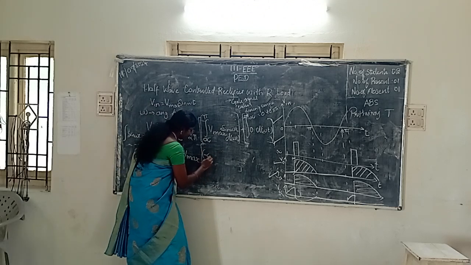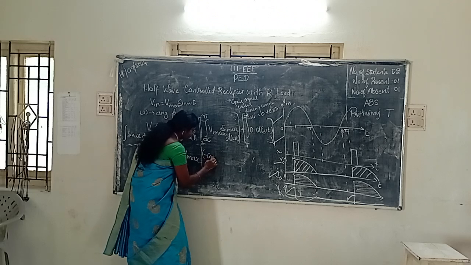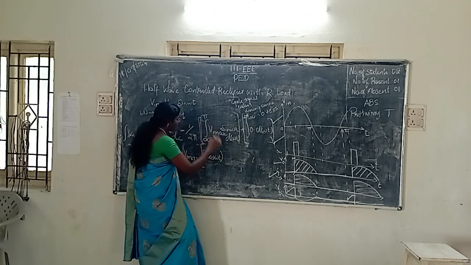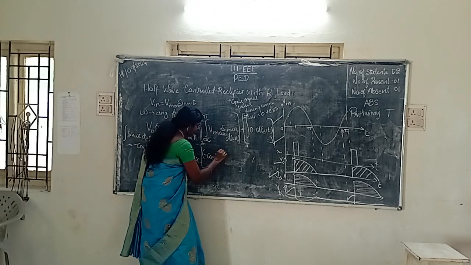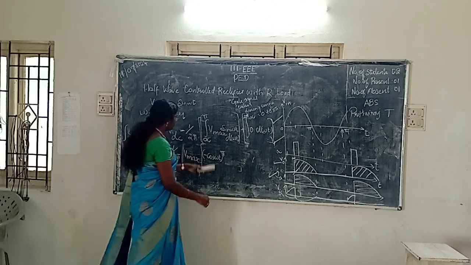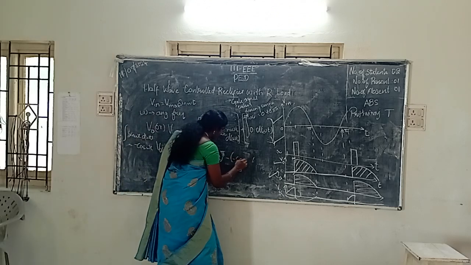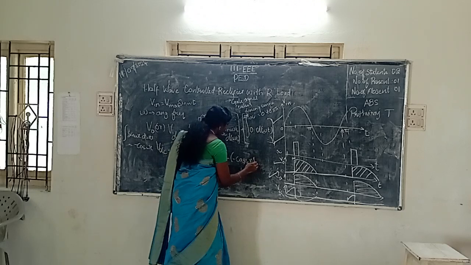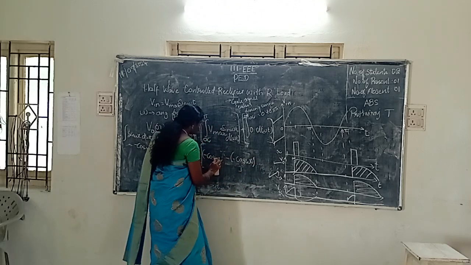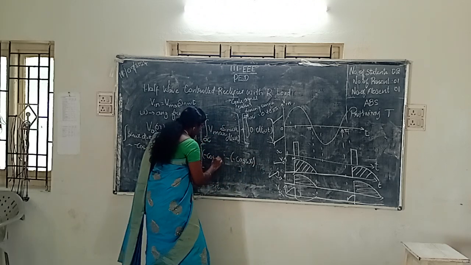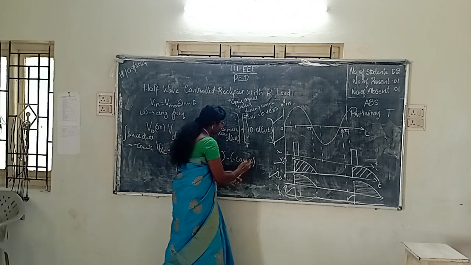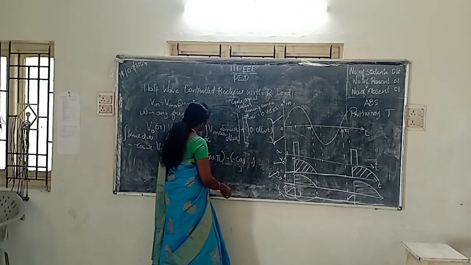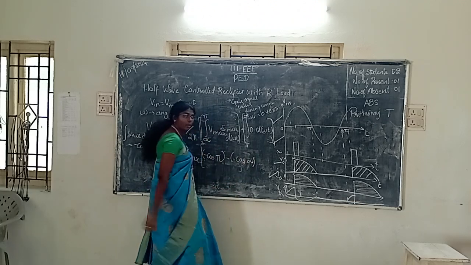Minus cos omega t, with limits alpha to pi. So you can replace omega t with pi over here, and here you can replace omega t with alpha. Am I right?